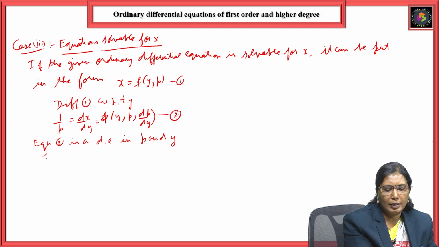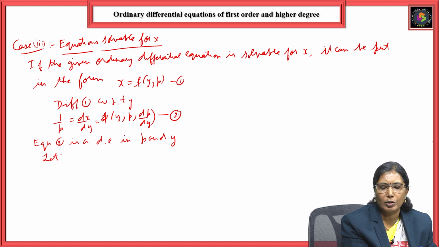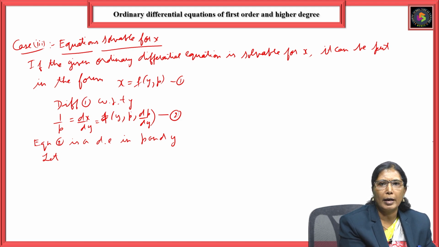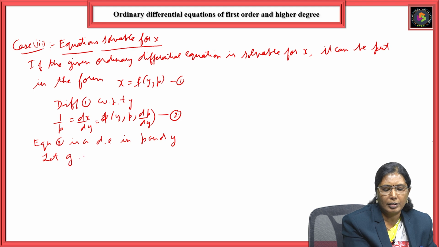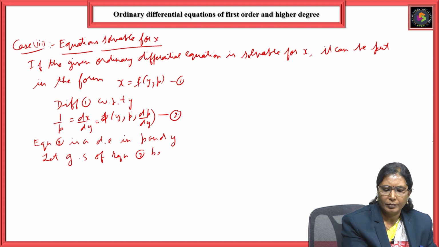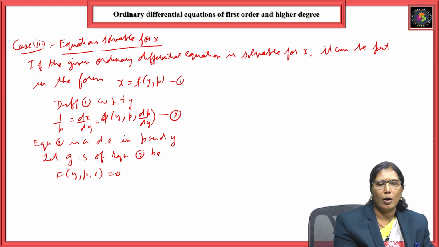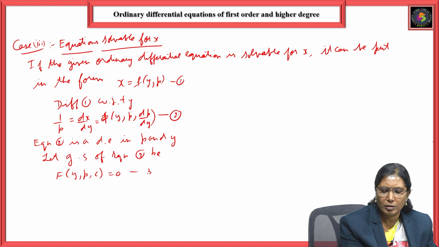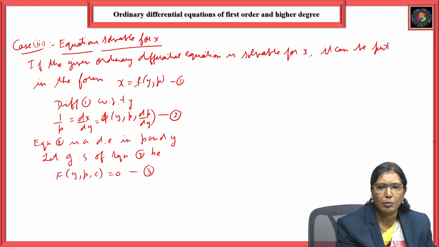So you get a general solution containing y and p. Let the general solution of equation 2 be some function of y, p and an arbitrary constant, f of y, p, c. Take this as equation 3, where c is an arbitrary constant. Now eliminating p between equation 1 and 3, we get the general solution.